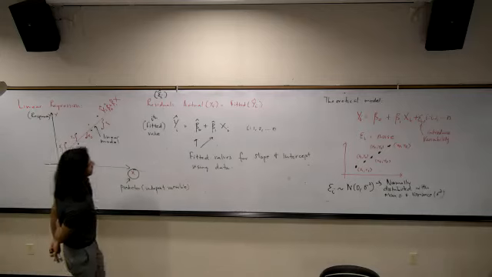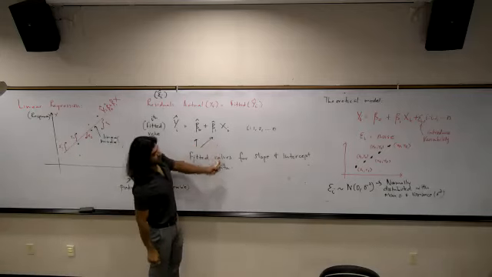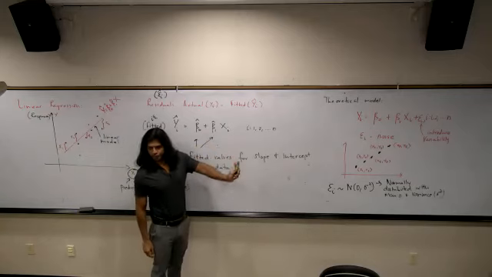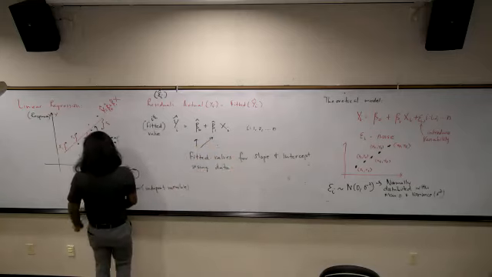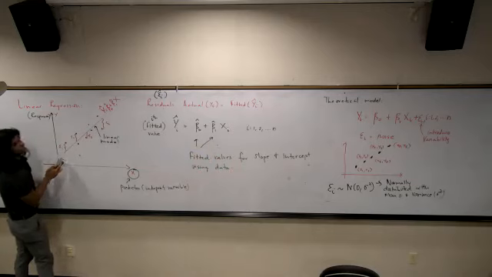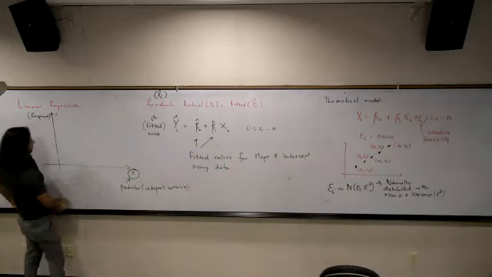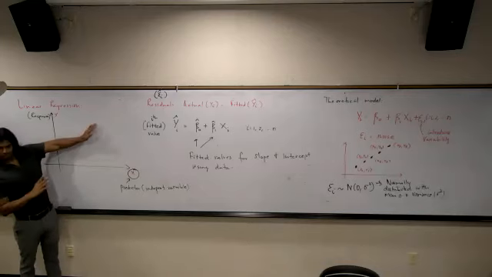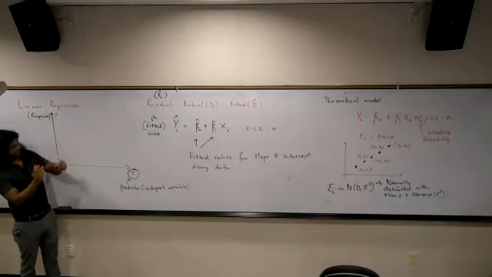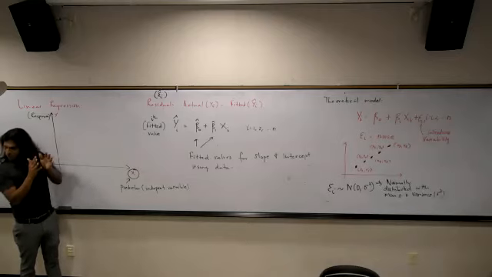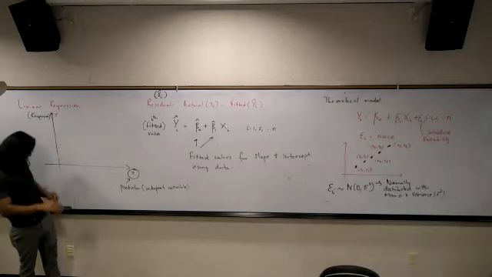Once we find beta naught hat and beta 1 hat, we can check for those assumptions. Here is a case. Can I erase this? Yeah. That's sort of ideal. If you look at the epsilon i's, it actually wasn't skewed in one direction. Some here, some there, some here, some there.